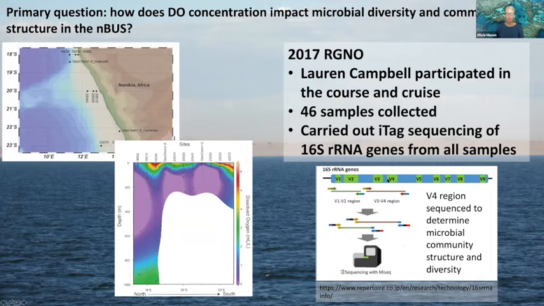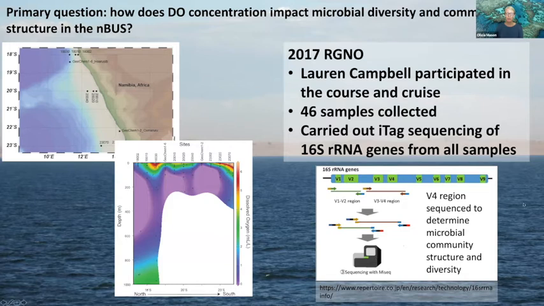And I think Jake actually presented some work using iTag sequencing already. And Lauren already talked about this, but we are just pulling out a small piece of this 16S gene. And this is a good region to sequence. It gives you a lot of information about the microbes in your community. And then we just sequence these amplicons on a MiSeq.